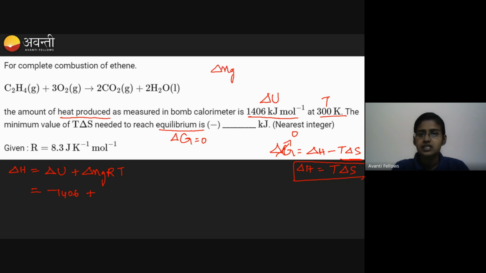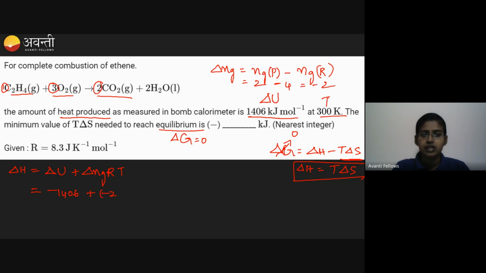What is delta Ng? Number of moles of gaseous products minus number of moles of gaseous reactants. We have two products, but only one is in gaseous form, so we take that only. Its number of moles is 2. So 2 minus reactants: both reactants are in gaseous phase, 1 mole and 3 moles, so it is totally 4. 2 minus 4 is minus 2.